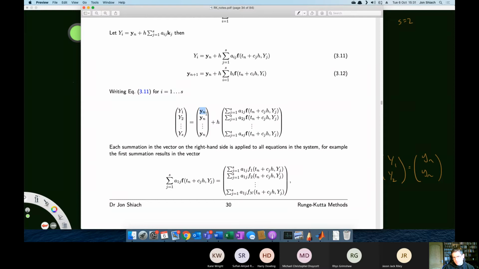That's going to be equal to this summation, and this f is also a vector. So we've got vectors within vectors. For example, this first summation here is this vector. Remember our bold F is the vectors F1, F2 up to Fn, and we've got that summation as well. The combinations start to get quite complex.